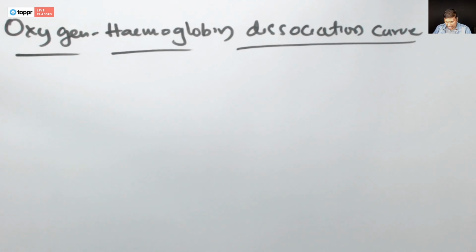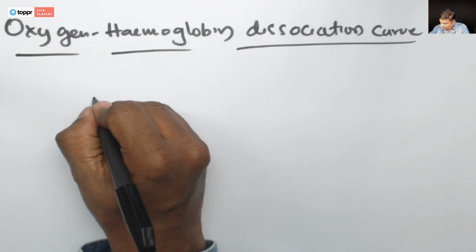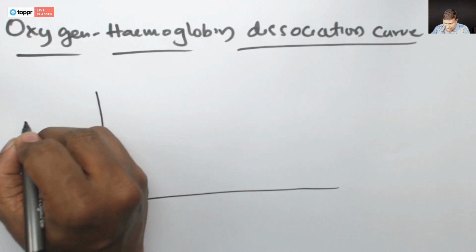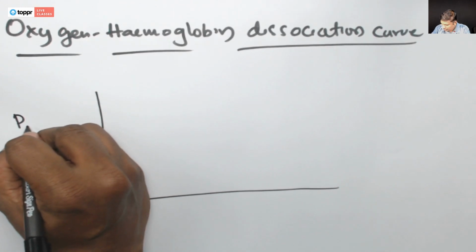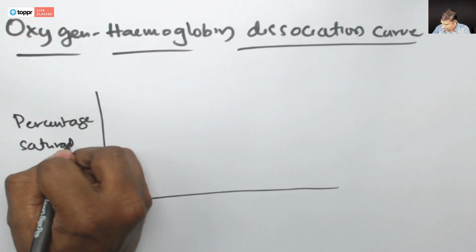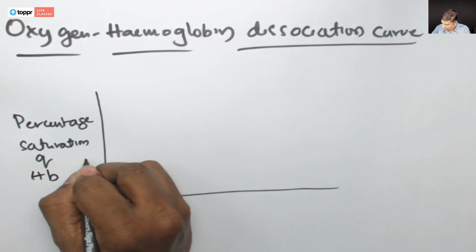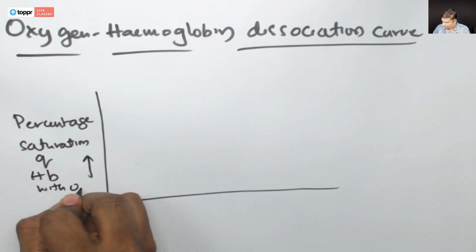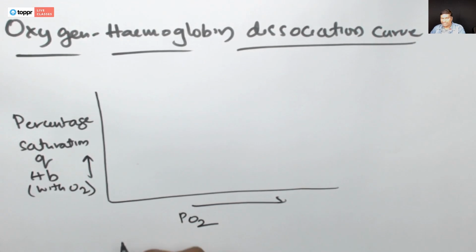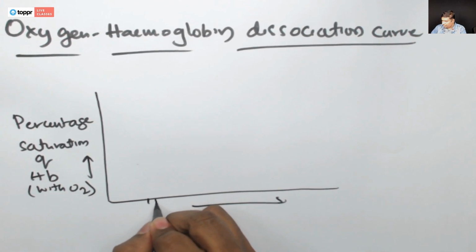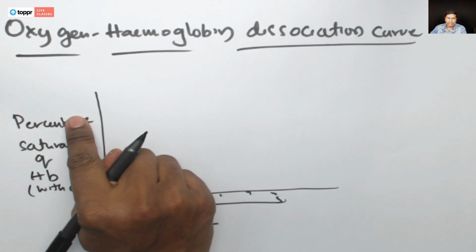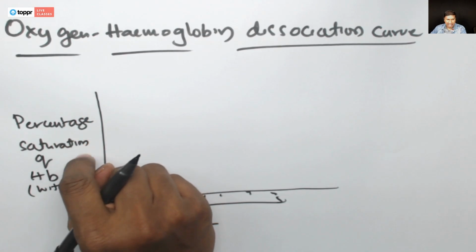Now, a curve which is actually generated with percentage saturation of hemoglobin with O2, of course, against partial pressure of oxygen. Increasing partial pressure of oxygen. So you continuously increase the partial pressure of oxygen and see what happens to the hemoglobin. Whether it is getting fully saturated or not.